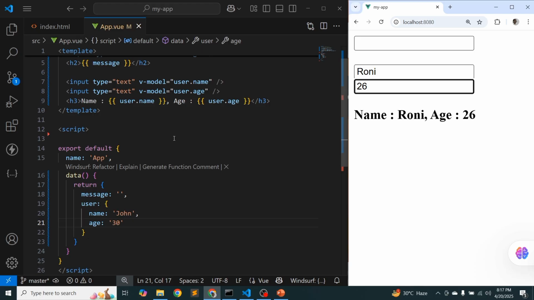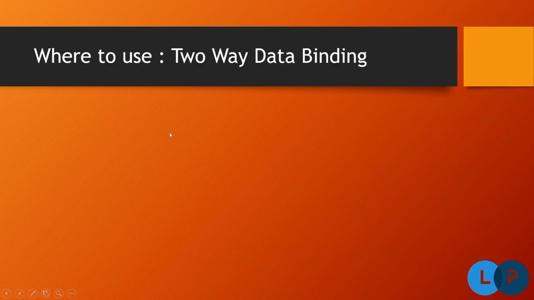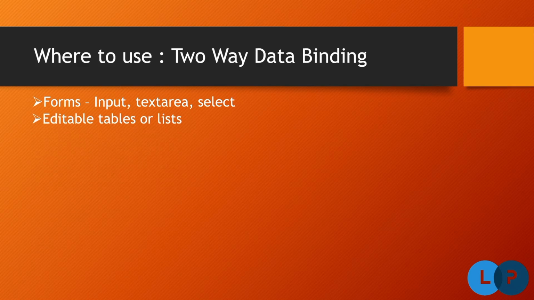Actually, these are used in every place, and let's see some use cases where we can use two-way data binding. Firstly, forms. We can use input sections, text area sections, select sections. Then if you want data in tables, and want to inline edit the table data or list, you can use that.